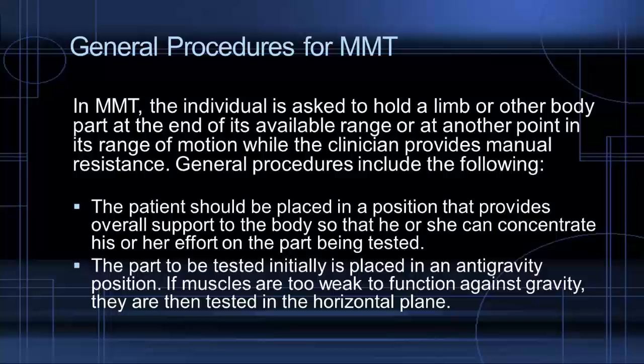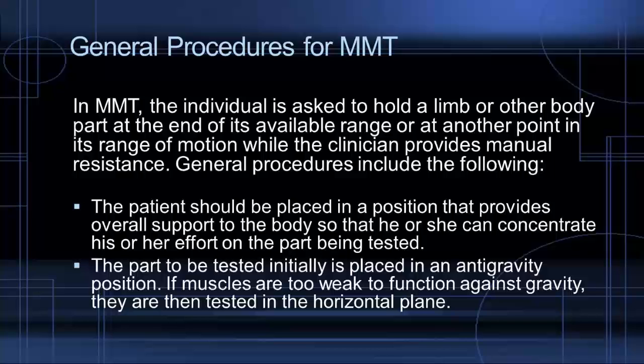So in terms of general procedures for manual muscle testing, no matter what muscle we're testing, we're asking the person to hold their limb or other body part at the end of its available range or at some other point in the range while we provide some manual resistance.